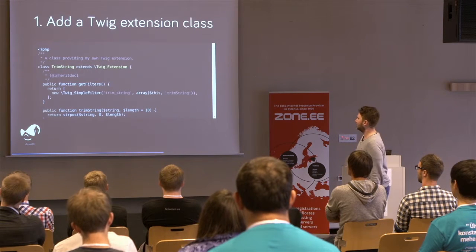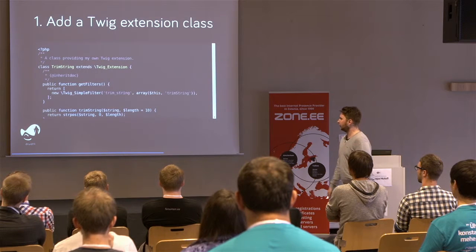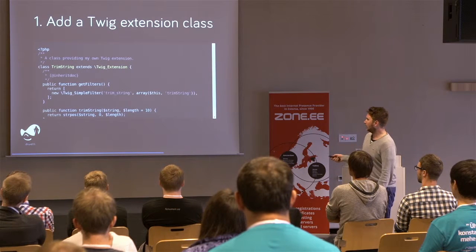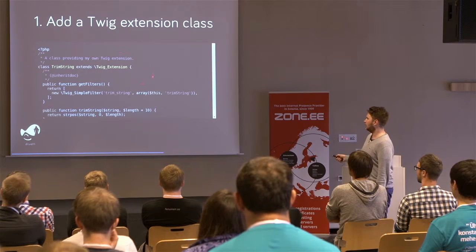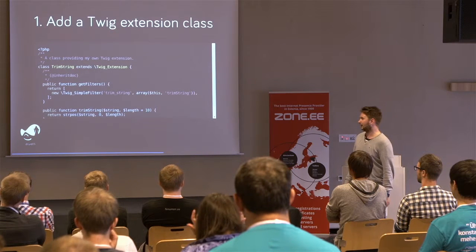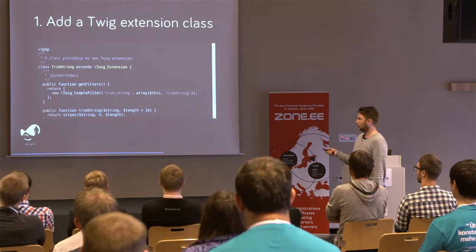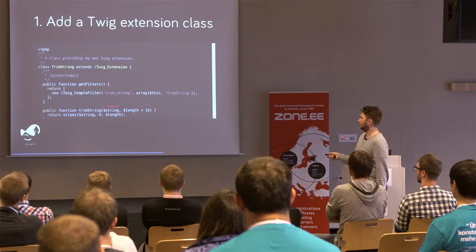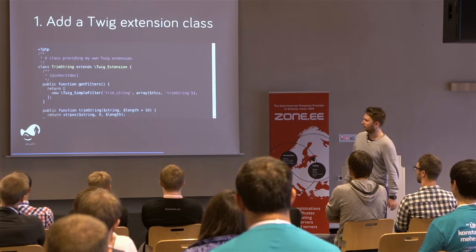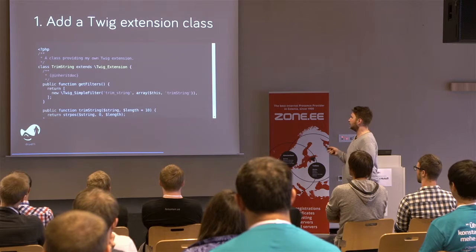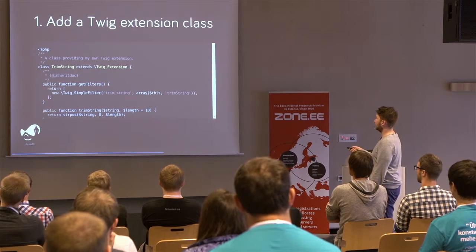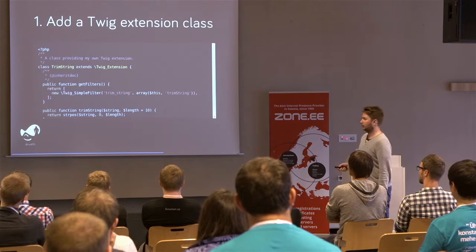So it's a little bit easier. The first step is to create a class which is extending the Twig extension class. In here, you have to provide one method, getFilters or getFunctions. I want to provide a filter, so I provide the getFilters method.